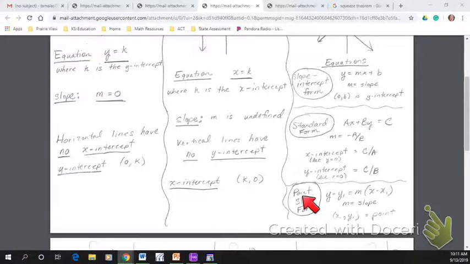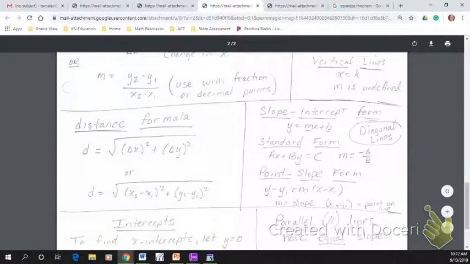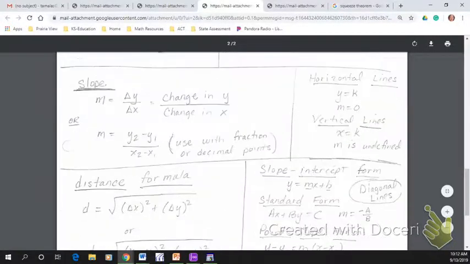Here's your distance formula. Here's slope. This is basically the same thing that's on the other side, your 3 different formats, instructions on how to find an intercept. And then later on in the chapter, we'll get to parallel and perpendicular lines as well. Okay? So just lots of information there that you've had in previous classes about lines. All right? Everybody good with that?